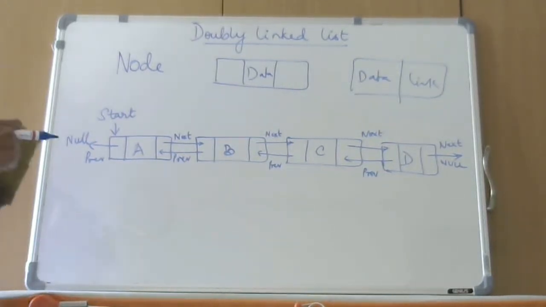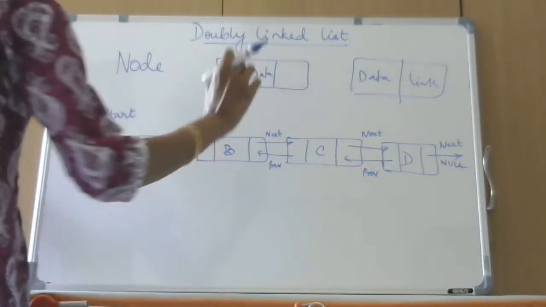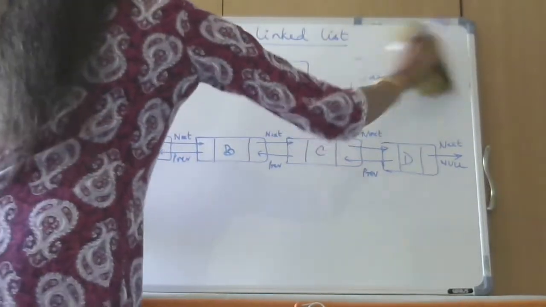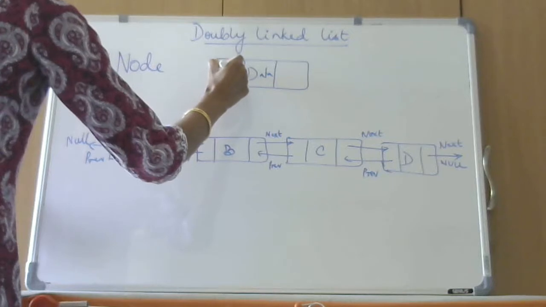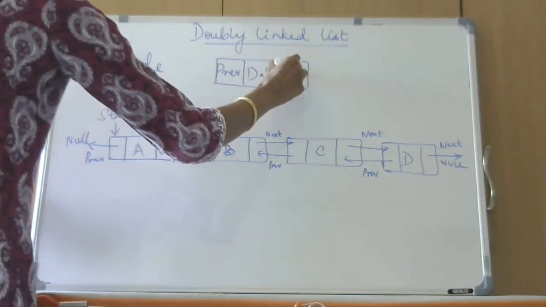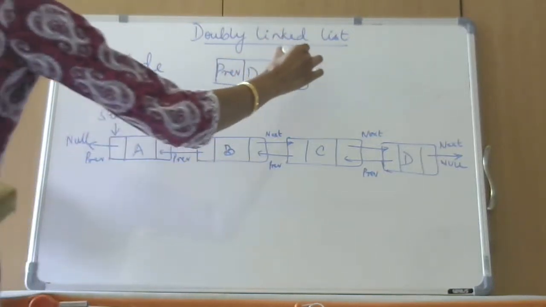In double linked list, what's going to happen? There are going to be totally three fields. So this is a link to the previous node and this will be the link to the next node.